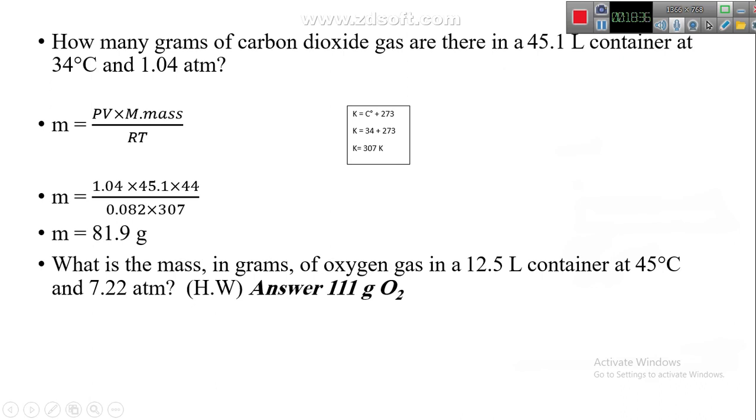By using the above relation, convert to Kelvin temperature, and with the volume, the mass needed is equal to PV multiplying by molar mass. Molar mass of oxygen is equal to 32, because one oxygen atom has atomic mass 16, so 2 oxygen, 2 times 16 is equal to 32. Then you can find the mass of oxygen gas in this condition.